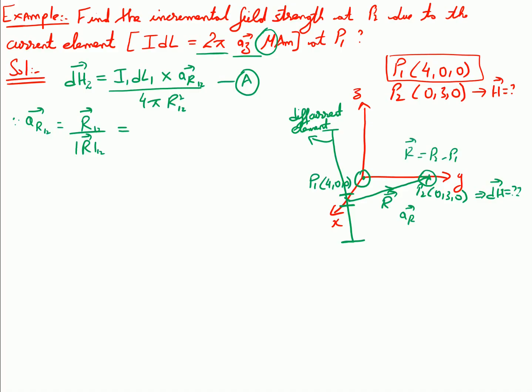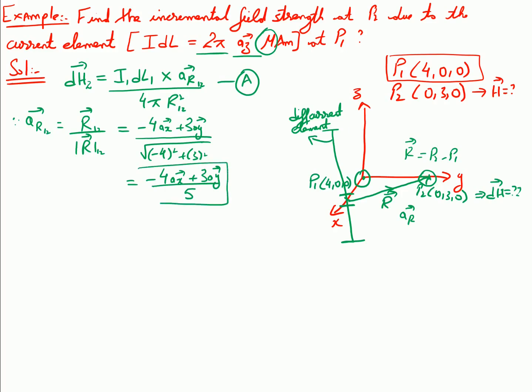So the 0.2 is 0 minus 4, so it is equal to minus 4 along A of x, then 3 minus 0, plus 3 along A of y, and then 0 minus 0 is 0. And then we take its magnitude, which means we take the square of the first value plus the square of the second value. So it comes out to be minus 4A of x plus 3A of y divided by 5. So this is the unit vector's value that we are getting for this scenario.